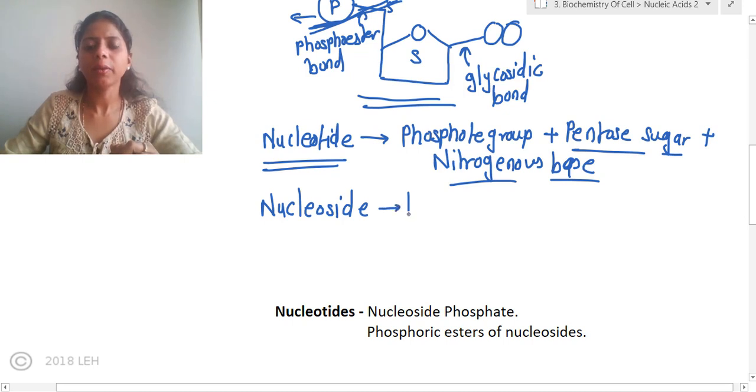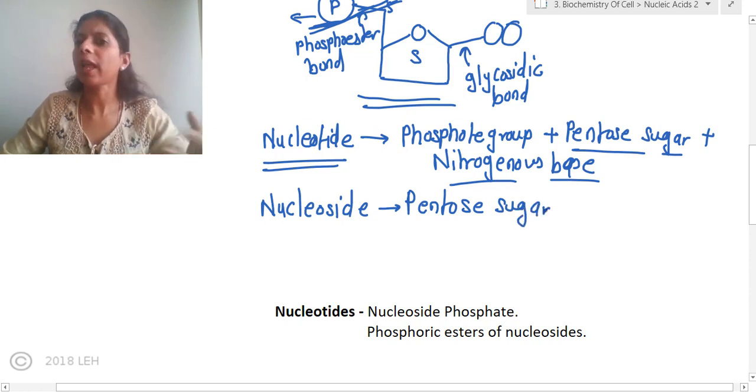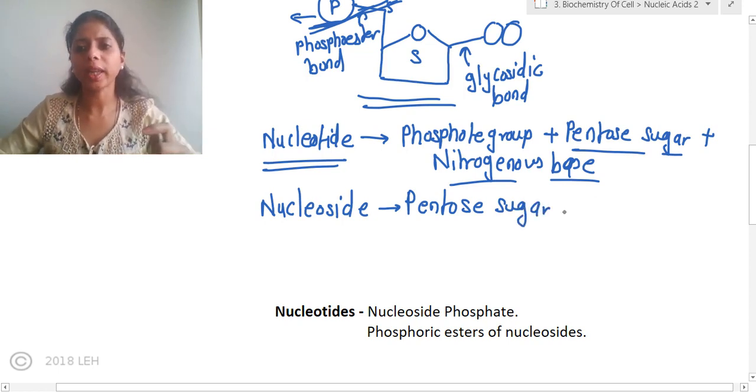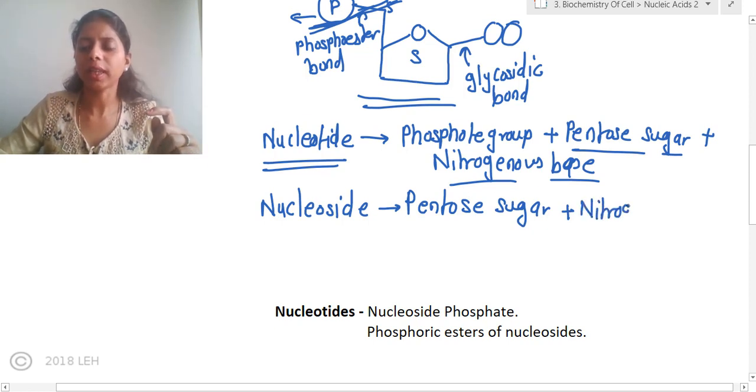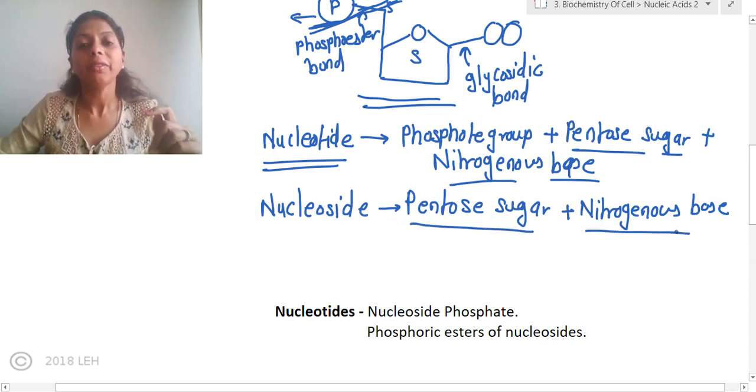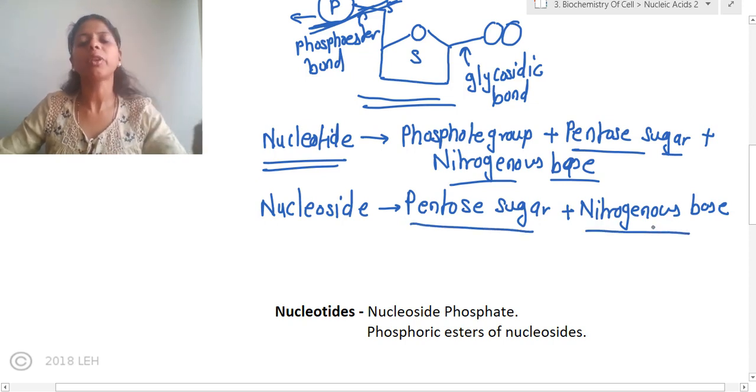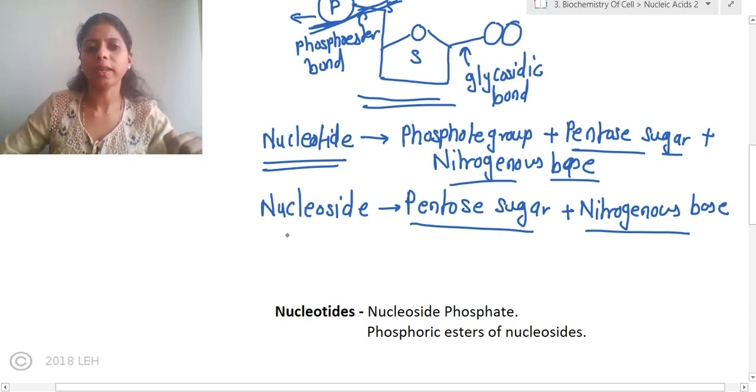Nucleoside will contain what? Only pentose sugar, whether it is deoxyribose or ribose sugar, any one of them, and along with that it will contain a nitrogenous base, any one of the purines or any one of the pyrimidines. Understanding? So when we remove the phosphate group from the nucleotide, the remaining part is called nucleoside.